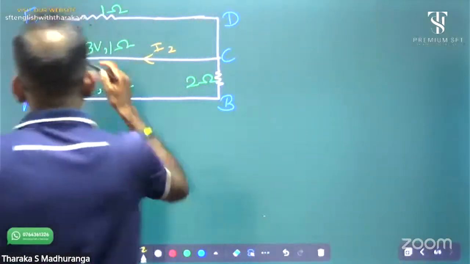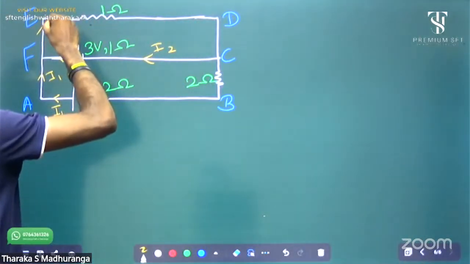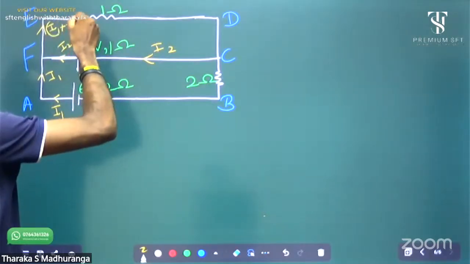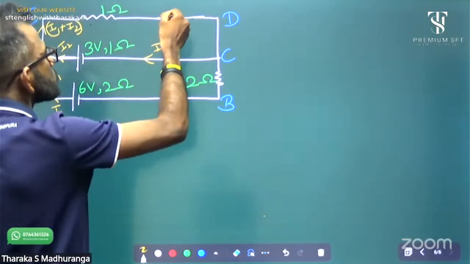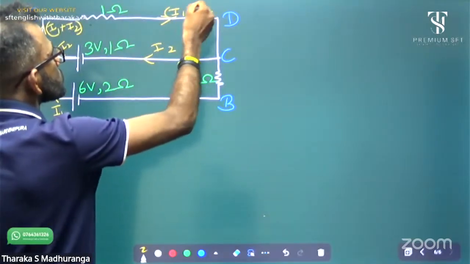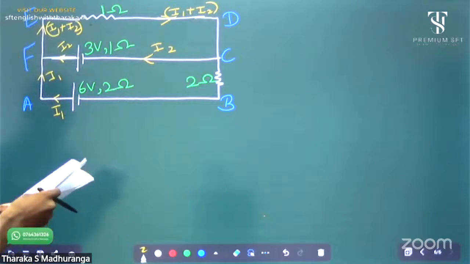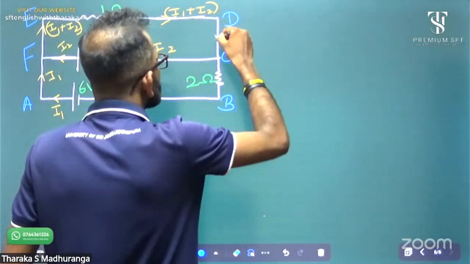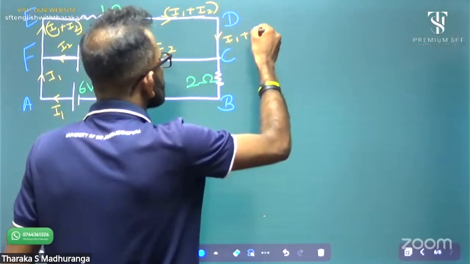So here it must definitely be I1 plus I2. I1 plus I2, that's the current. Again here also I1 plus I2.